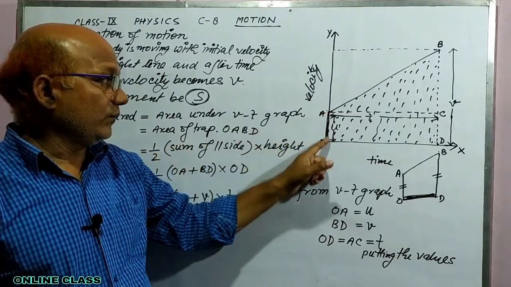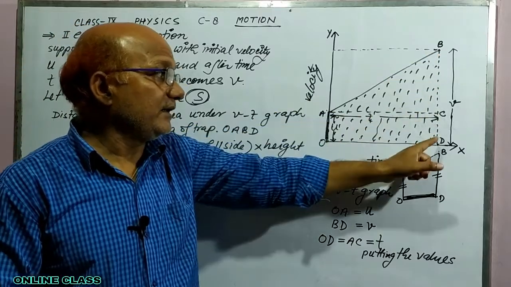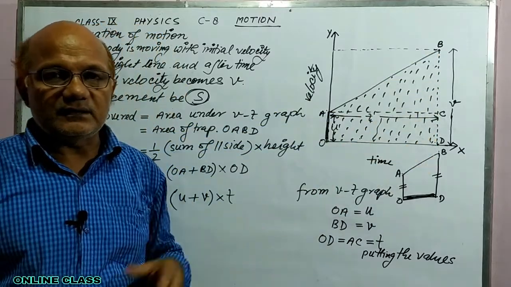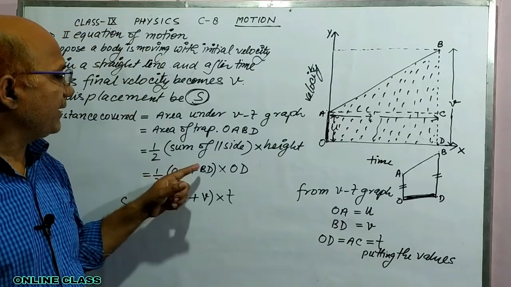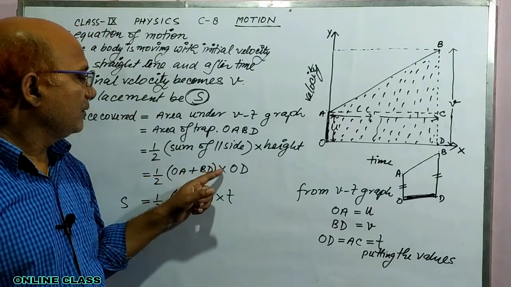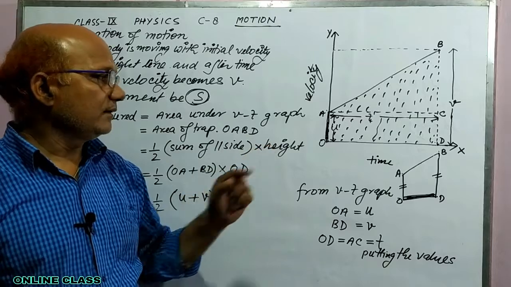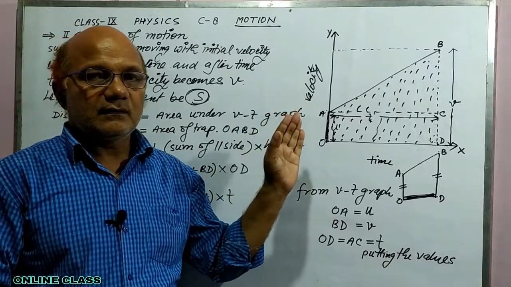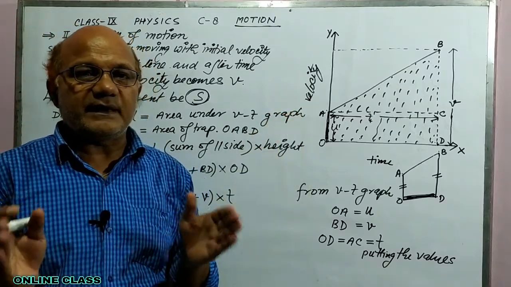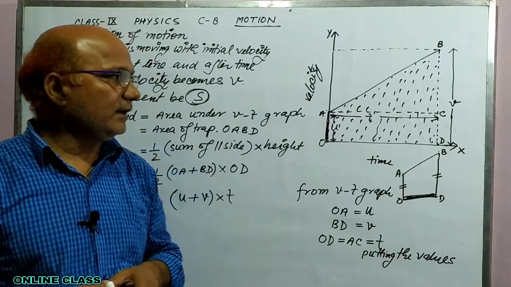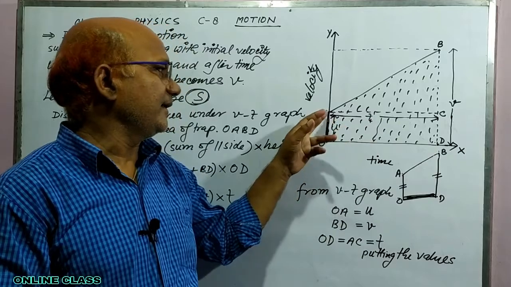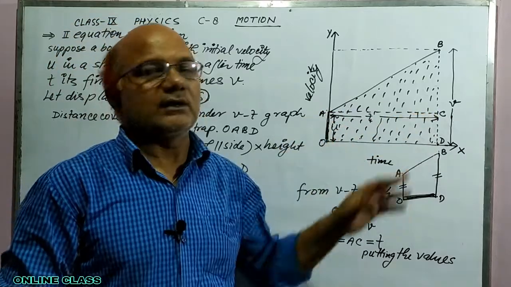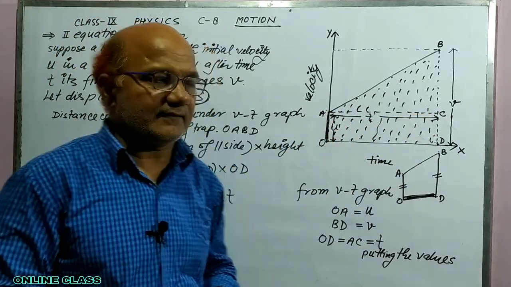You can see OA and BD, these two sides are parallel. So OA plus BD into height. Height means the distance between parallel sides. So this is the perpendicular distance, you can say AC or OD.